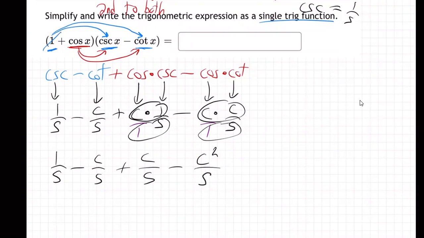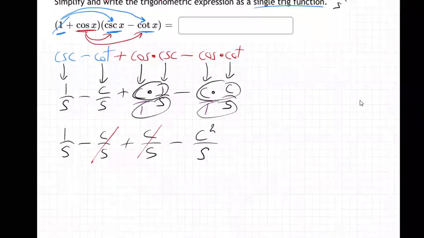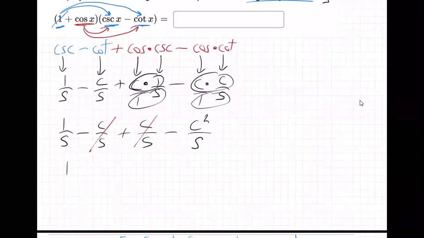Okay. Notice in the middle, these are going to cancel because they're the same thing. One's negative, one's positive. Negative cosine over sine plus cosine over sine, gone, 0. So now we have 1 over sine minus cosine squared over sine. Good.